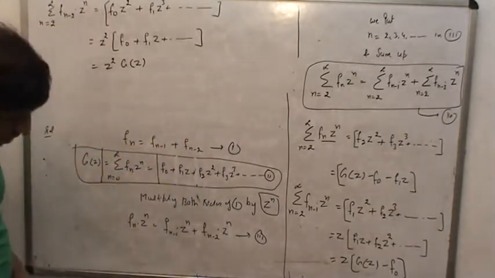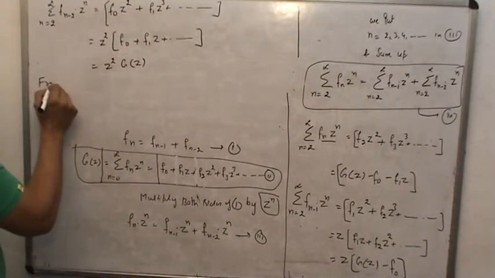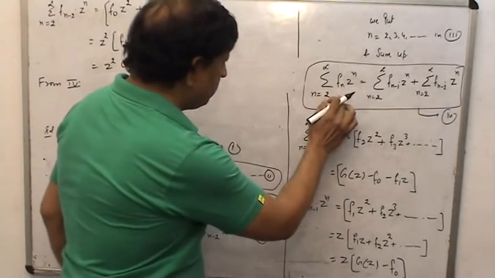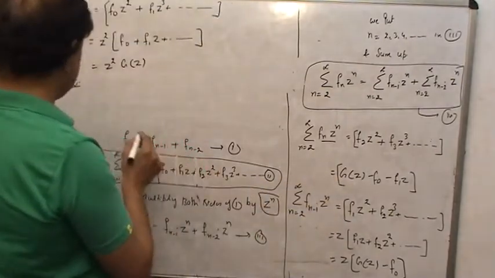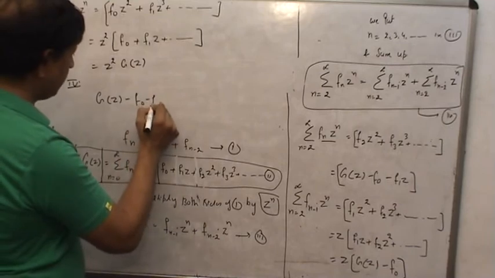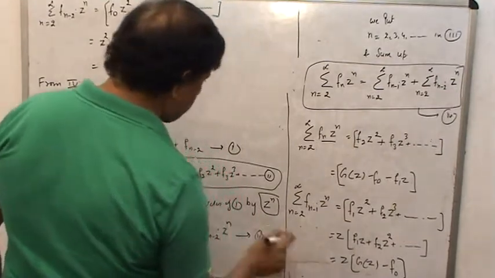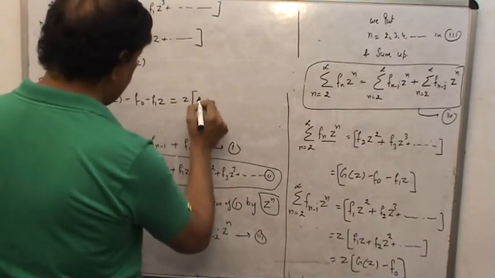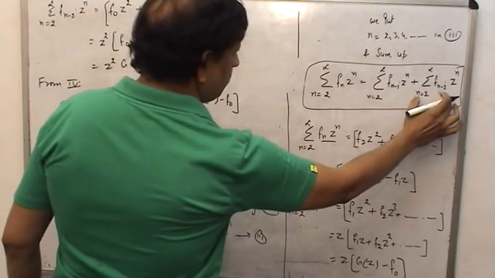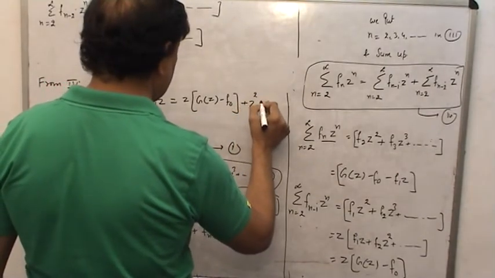Now we compile all the values according to the condition 4. From 4, what we get, this is equal to gz minus f0 minus f1 z is equal to z into gz minus f0 plus z square into gz.